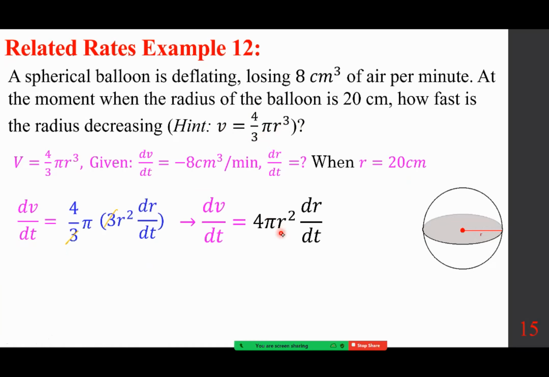We plug in, replacing the r with 20 centimeters because the units will work out. Left side is -8 cubic centimeters per minute. We have 4 pi times 20 squared dr/dt.